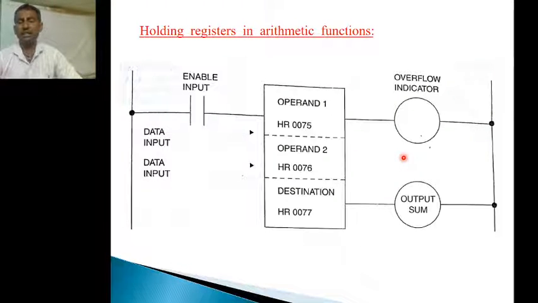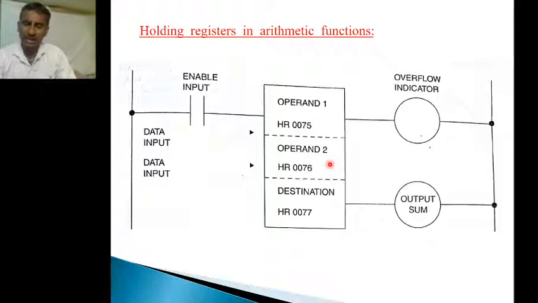Next, the syntax for the holding register arithmetic functions is like this. Arithmetic functions means we can go for addition, subtraction, multiplication, division, etc. If you perform addition, subtraction, multiplication or division, we have to have two values: operand 1 and operand 2.